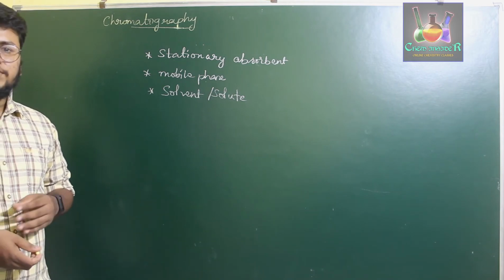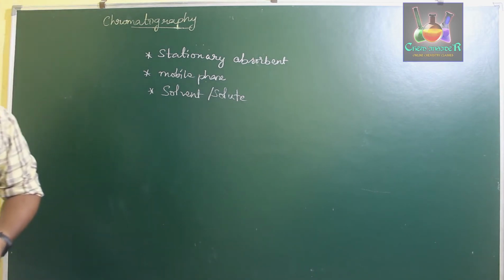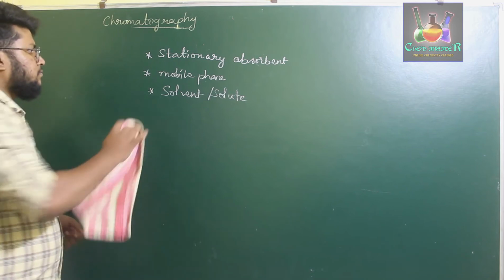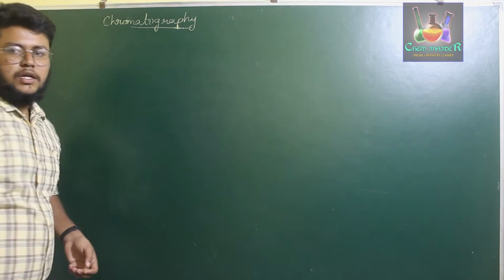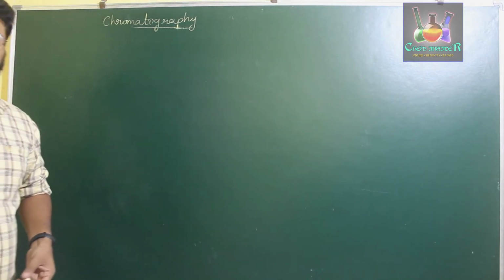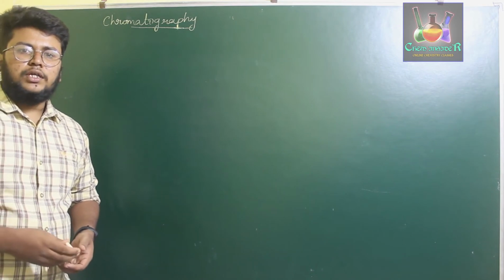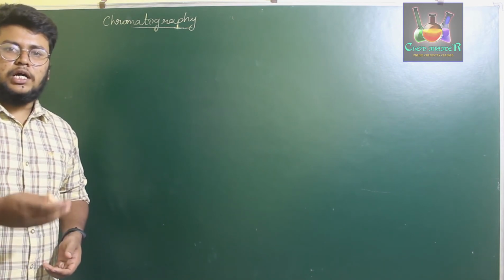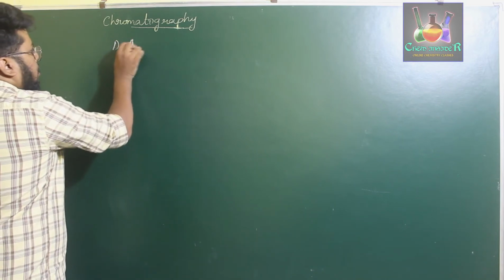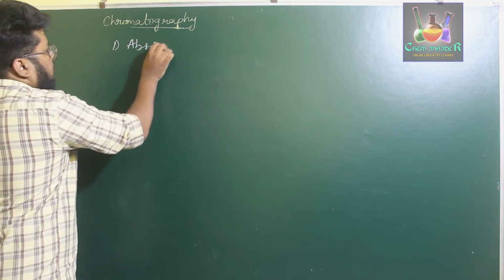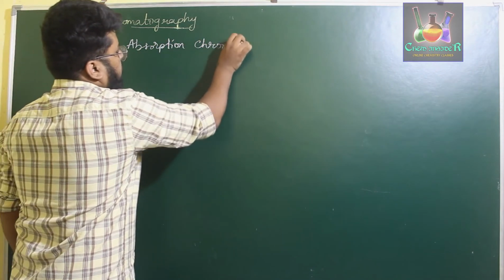Now first we'll start to discuss the adsorption chromatography technique. So this adsorption chromatography technique is a process where the solute or an organic compound which you have to purify is adsorbed on a specific adsorbent.